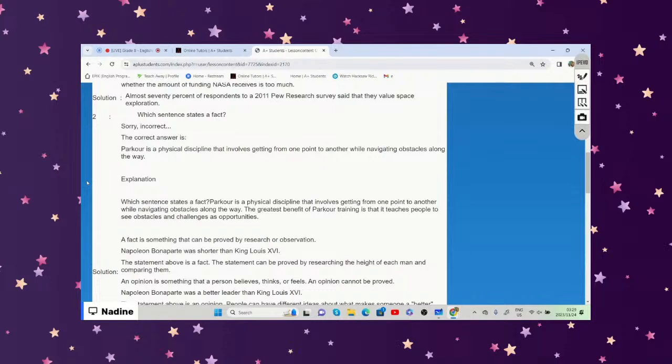Remember, a fact is something that can be researched or that is properly observed. That's a fact. So we need to choose the facts. Parkour is a physical discipline that involves getting from one point to another while navigating obstacles along the way. Or the greatest benefit of parkour training is that it teaches people to see obstacles and challenges as opportunities.